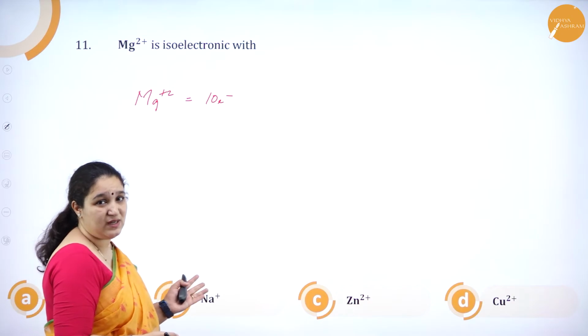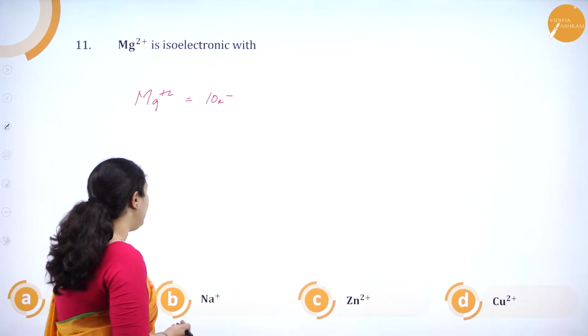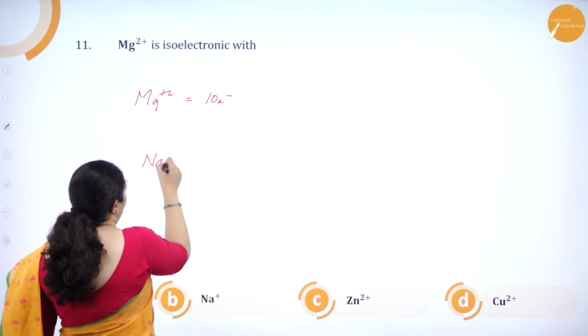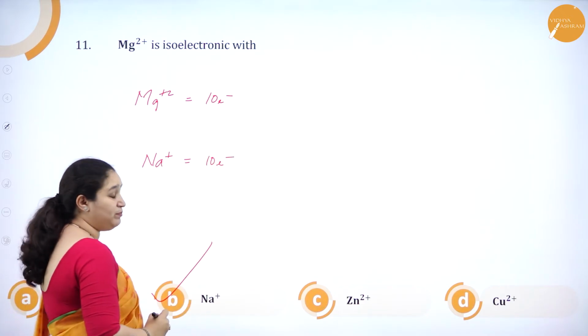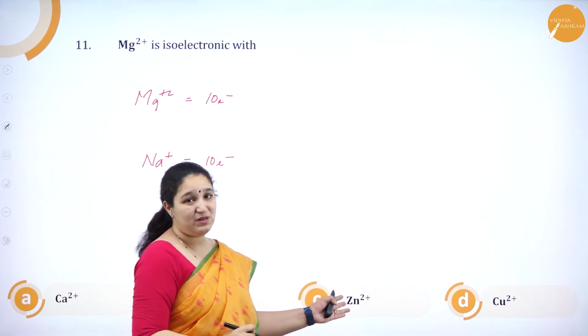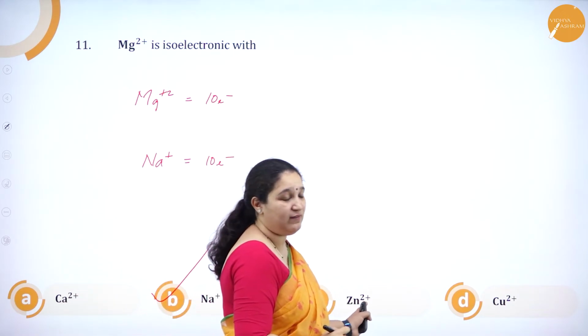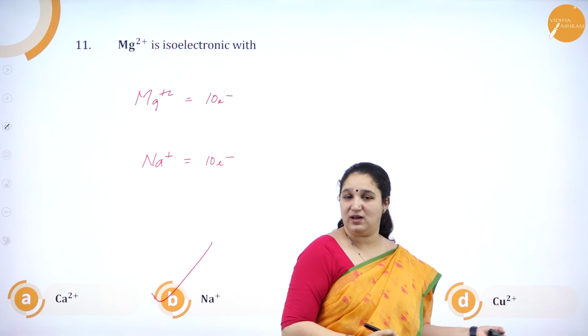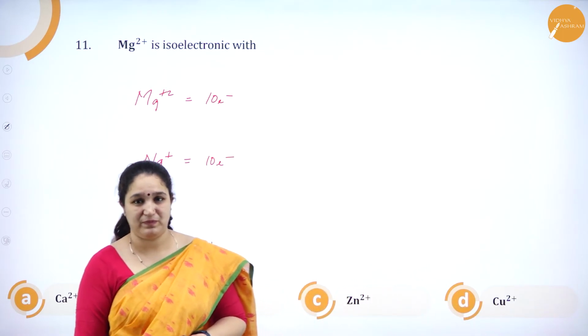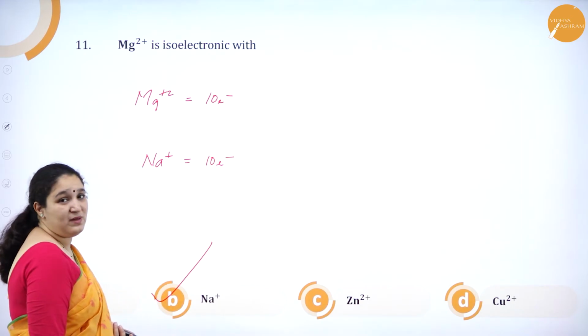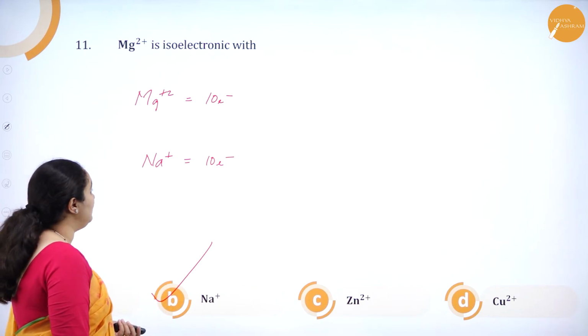Calcium in plus 2 state does not have 10 electrons. Sodium has atomic number 11 and when one electron is lost, it has 10 electrons. So option B is correct. Zinc atomic number is 30, so of course this cannot have 10 electrons. Copper is 29. Again it cannot have 10 electrons even if 1 or 2 are lost from them, isn't it? So sodium is the correct answer. Next question.